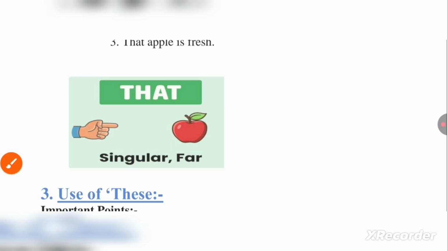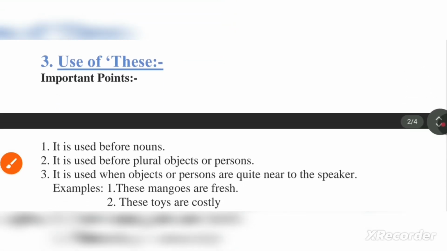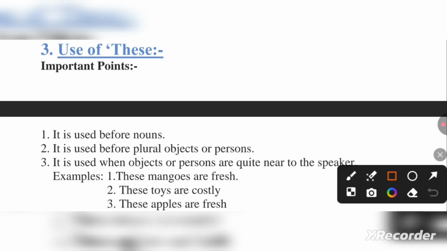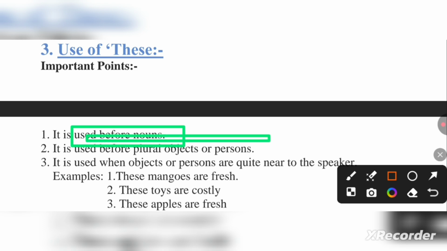Now, our third demonstrative determiner is these. Here again are some important points. It is used before nouns. It is used before plural objects.